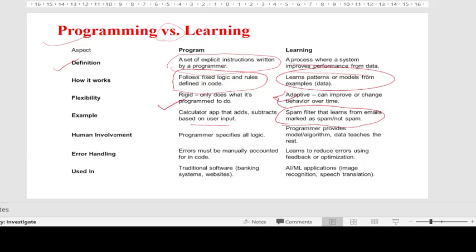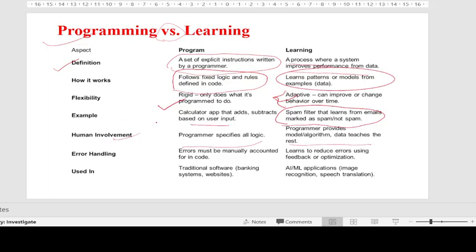Human involvement: in programming, the programmer specifies all the logic. Whereas in learning, there is no need to specify a program. By providing a model or algorithm, that model or algorithm will automatically learn from the given data. In error handling, in programming, you have to explicitly solve the errors in the code.